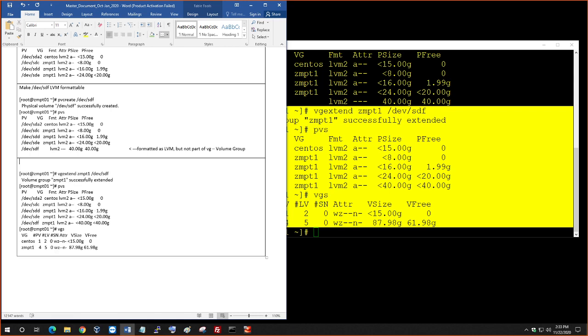Now add /dev/SDF to the volume group ZMPT1. Okay, so VG extend ZMPT1. It has been extended, and this is the disk that we just added.